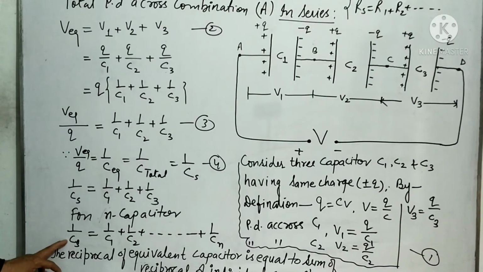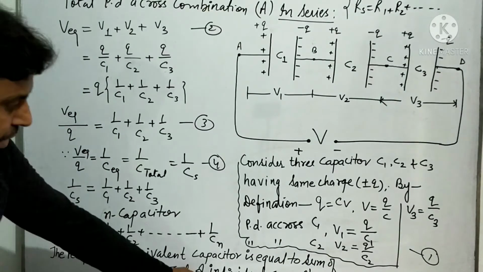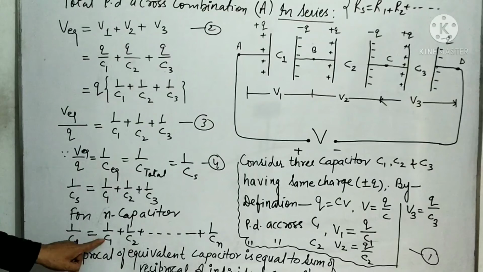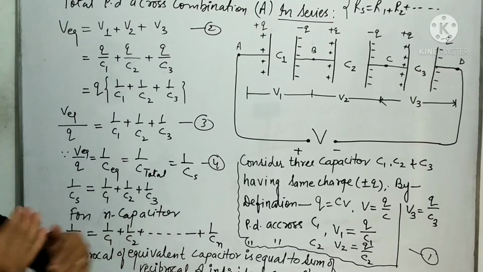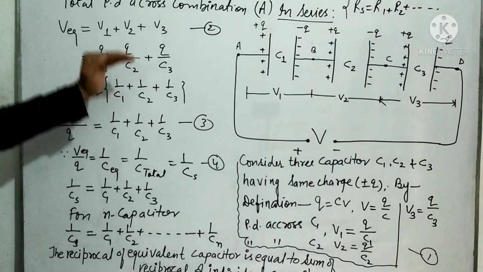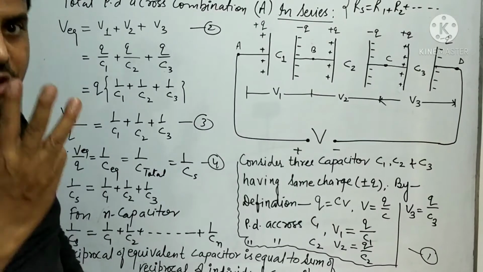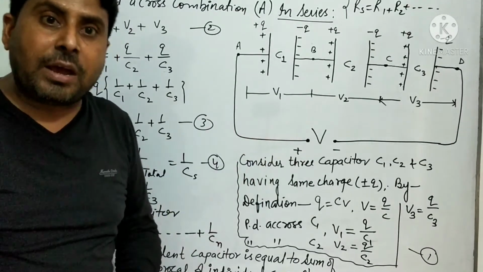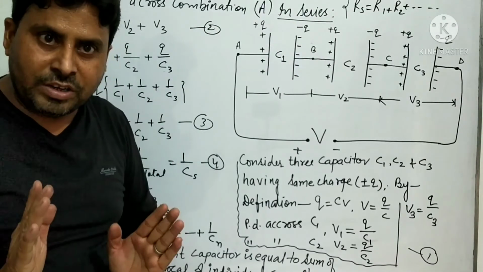It is equal to the sum of reciprocals of individual capacitances: 1 upon C1, the reciprocal of the capacitance of the first capacitor, 1 upon C2 for the second, and 1 upon Cn. Clear? So this is the explanation of the resultant capacitance of 3 or n capacitors connected in series combination. Is it clear?